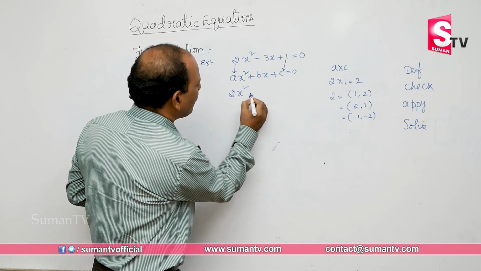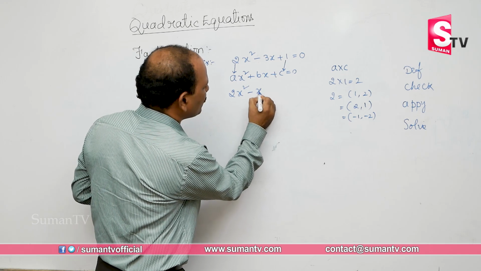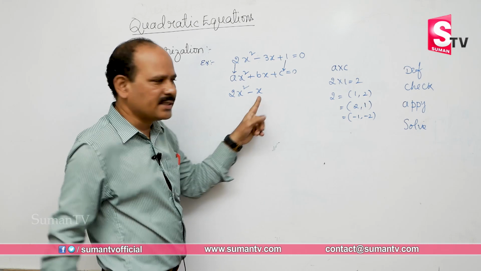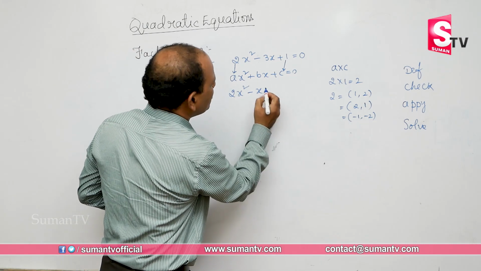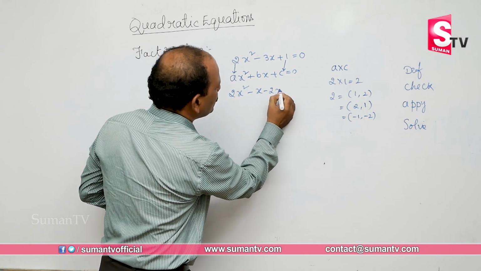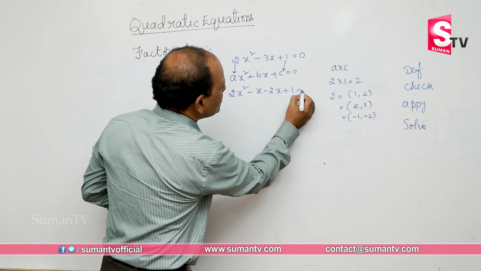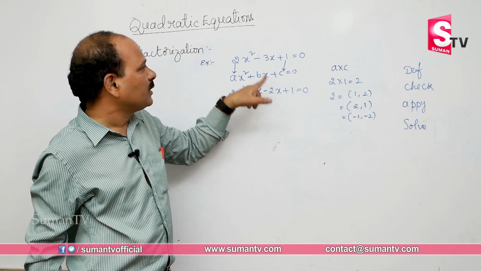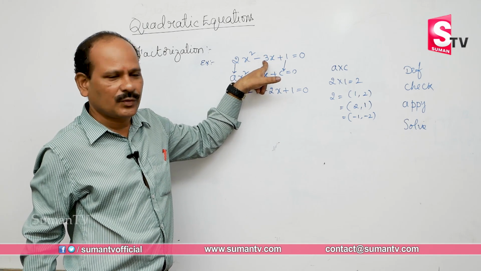2x square minus 1x, which I simply write as minus x. Next, the second factor is minus 2. Minus 2x plus 1 is equal to 0. If you add these two, again I get the middle term.